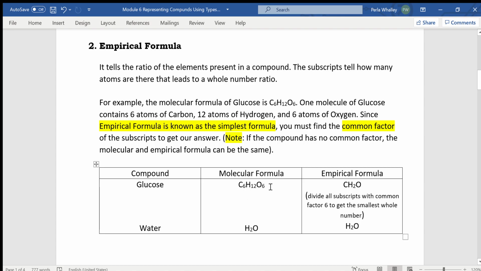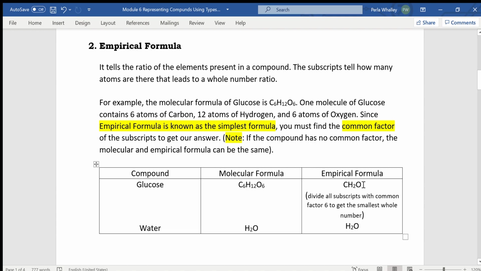So, for glucose, C6H12O6, the common factor is 6. We divide all the subscripts by 6. Carbon will become 1, 6 divided by 6. Hydrogen will become 2, 12 divided by 6.